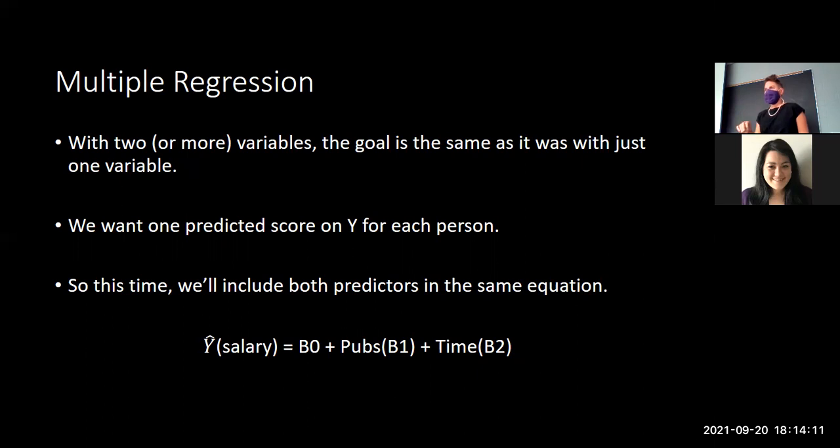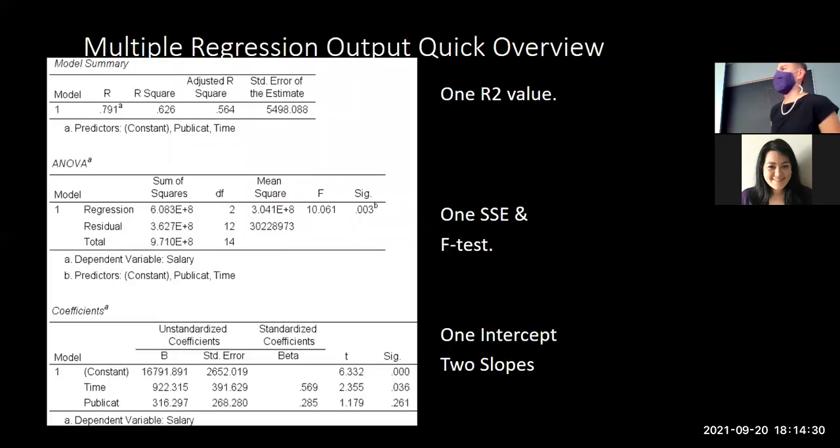R squares are about variance in your full model and variance in your restricted model. I was going to try to make you guess, and I give up. It's about variance, so you get one R squared value.